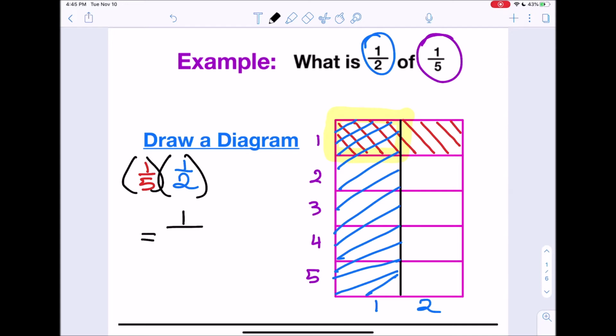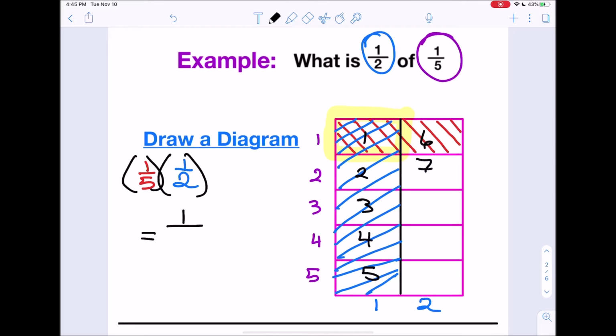And then for my denominator, we have to count how many parts are in this rectangle now, because since we've divided it, we no longer just have 5 parts, we have more than 5. So there is 1, 2, 3, 4, 5, 6, 7, 8, 9, 10. So it's going to be 1 out of 10, and that's going to be my answer.